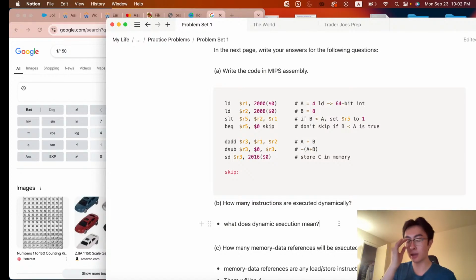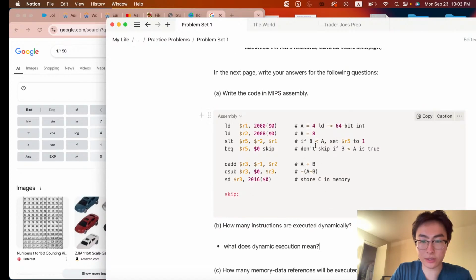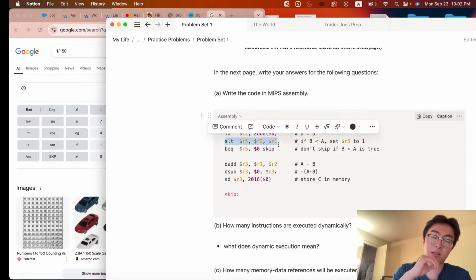Okay, so I guess it depends on what the actual, so what is for sure, right? We know this is for sure. This is during compile time, I think. So set less than. Do we know this for sure? Probably not, right?